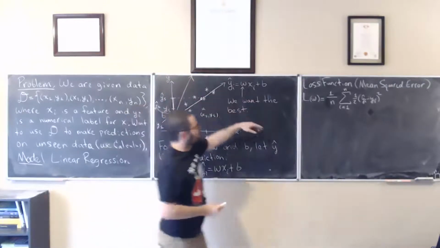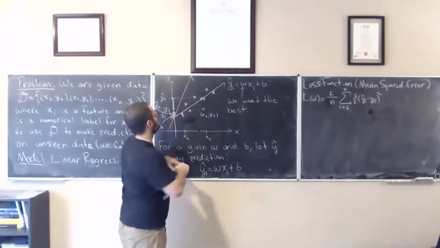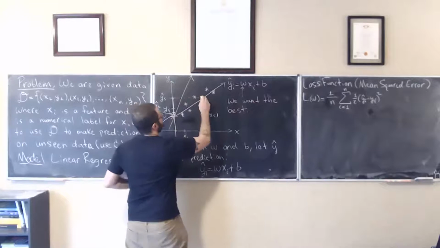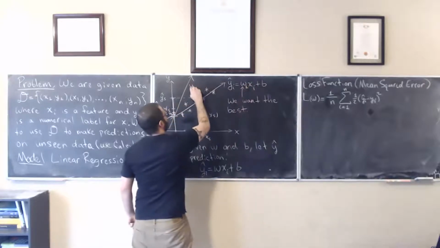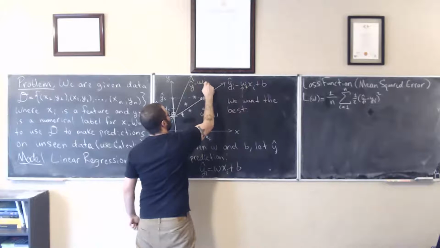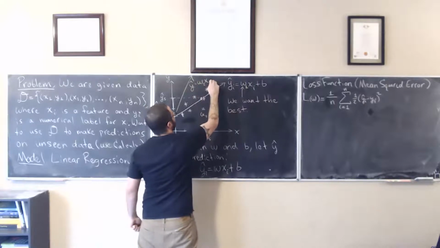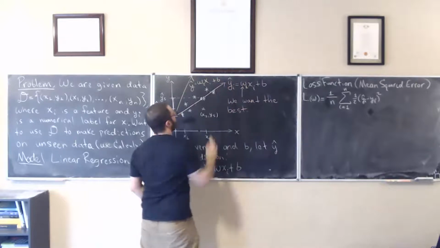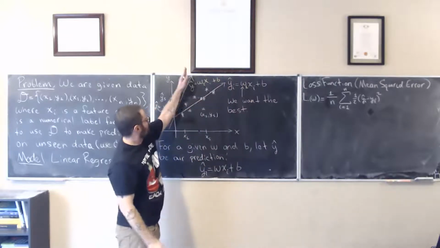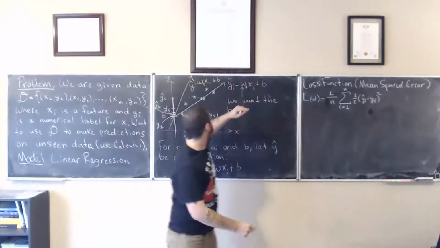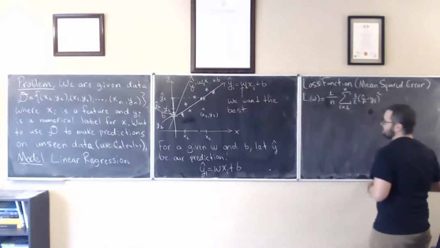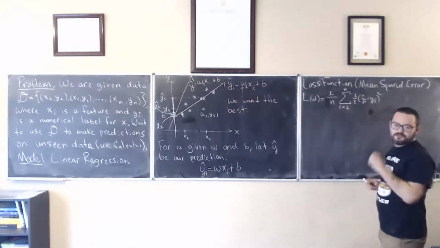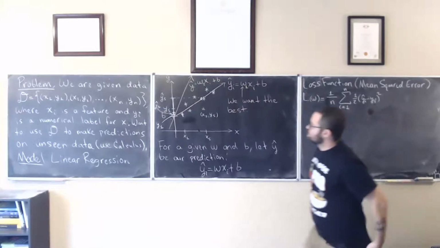So if our slope here, I'll call this W1, and then this line will be like y hat equals W2 times x plus b, that weight would make this bigger than that weight. Do y'all see that? So the goal is to find the best W here. Okay.